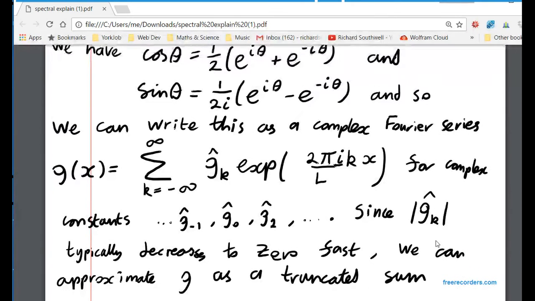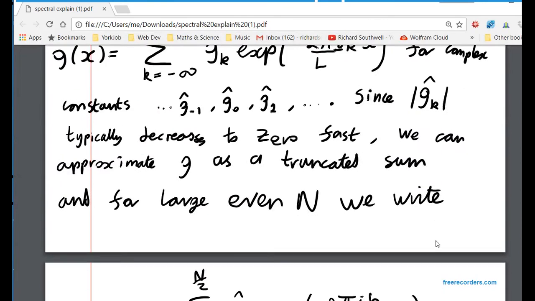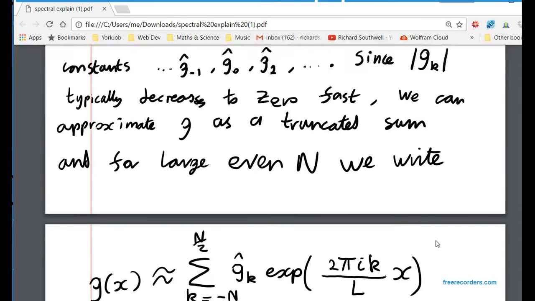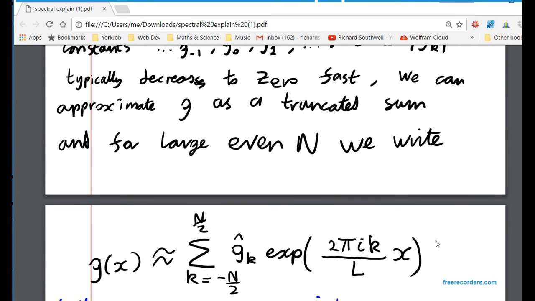So we have a similar sort of phenomenon here. And so the type of numerical approximation we take is that we can pick some positive even integer n, hopefully a fairly large one, and we can just truncate that series by throwing away all the terms with an absolute value bigger than n. So then we get this approximation of what g is.